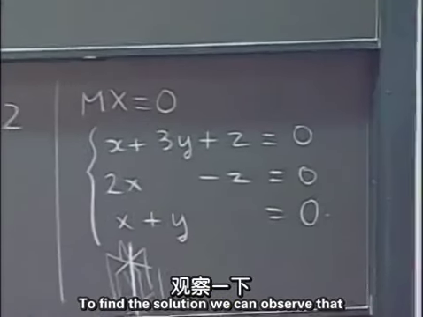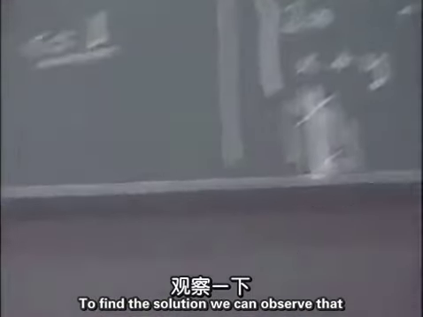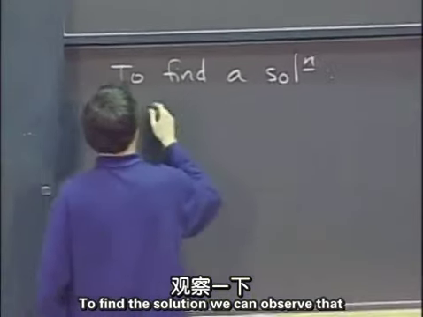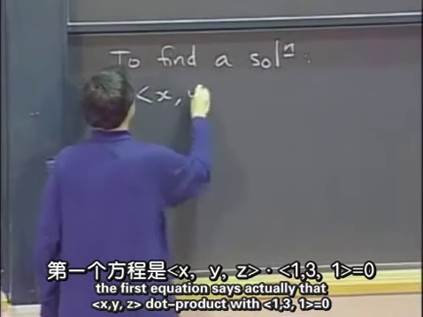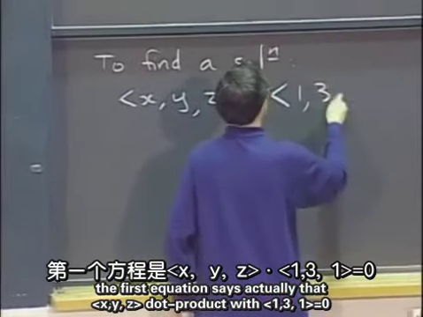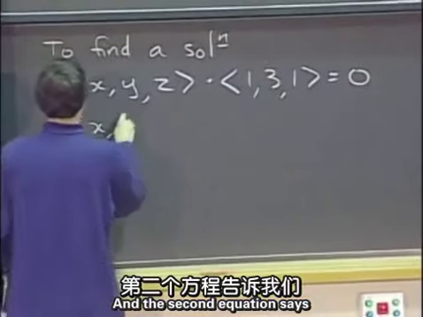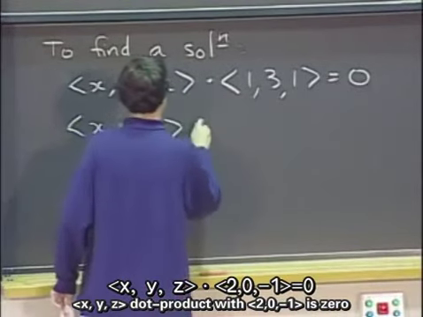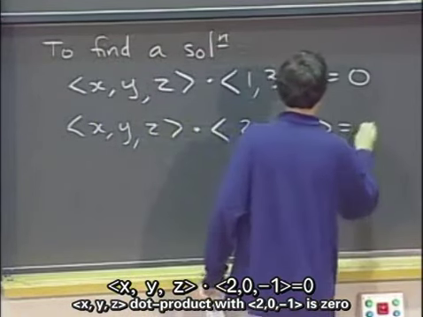So to find a solution, we can observe that the first equation says that x, y, z dot product with 1, 3, 1 equals 0. And the second equation says x, y, z dot product with 2, 0, negative 1 is 0.